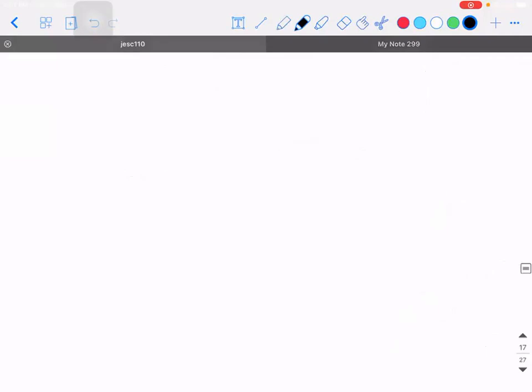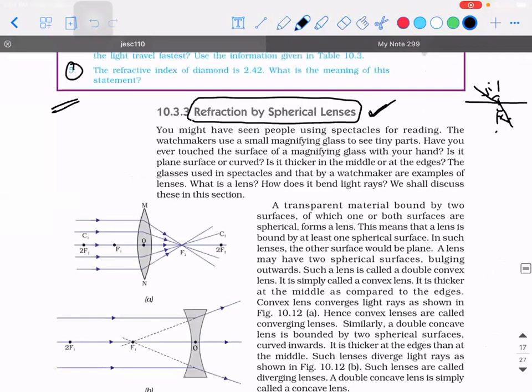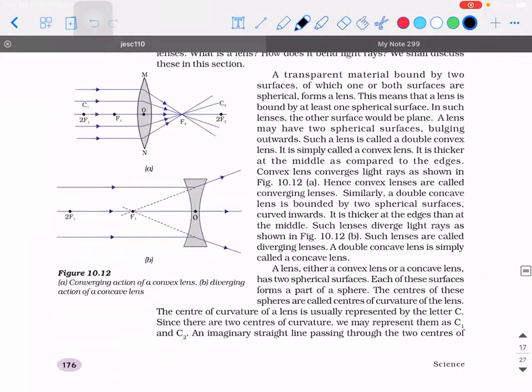Now, with respect to the convex lens and concave lens, what are all the parts that you have? Just like how a mirror has parts associated with it, the lens also has parts, right? What is the center of the lens called? Optical center.